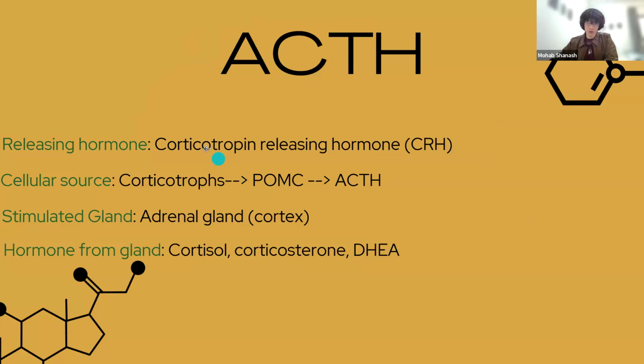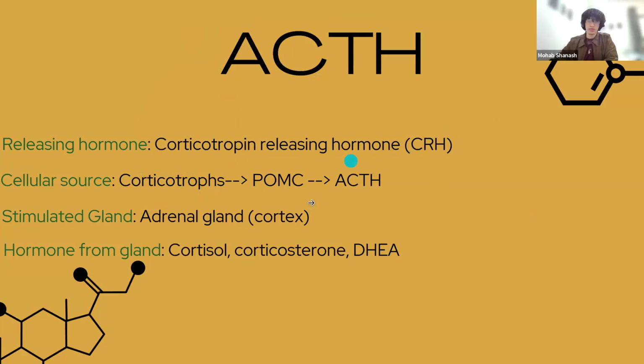So you have your corticotropin releasing hormone from your hypothalamus. It goes to your corticotropes. Now, keep in mind tropes here because this is going to help you distinguish it from somatotropes and lactotropes later on. Okay, corticotropes make POMC, which then gets cleaved into ACTH and beta lipotropin, like I mentioned.